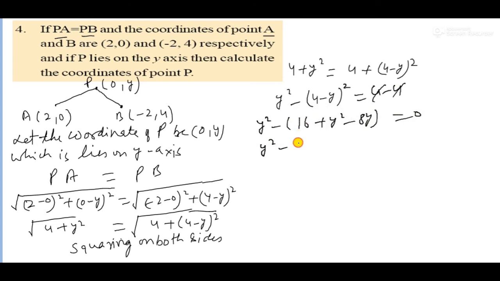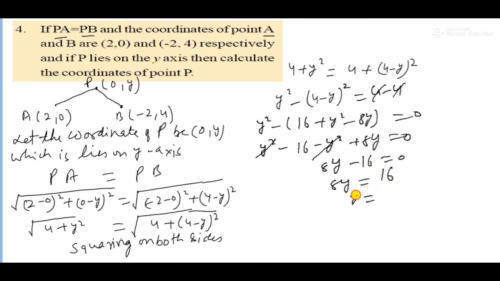So you can write 4 minus y whole square. So squaring on both sides, it is square root of 4 plus y square equal to square root of 4 plus 4 minus y whole square.